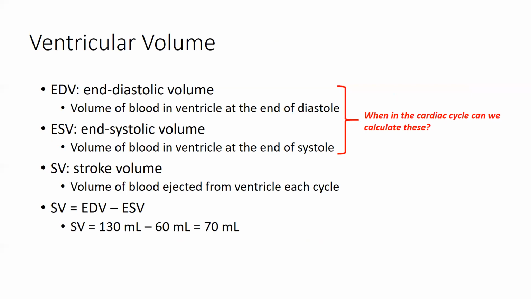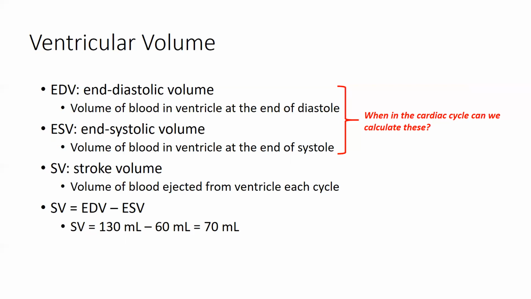Let's look at the end systolic volume. This is the amount of blood that's left over in the chamber after we've pumped the blood out, after we've squeezed it out. So all of that blood is not ejected. There's some left there. When would be the best phase to measure your end systolic volume?